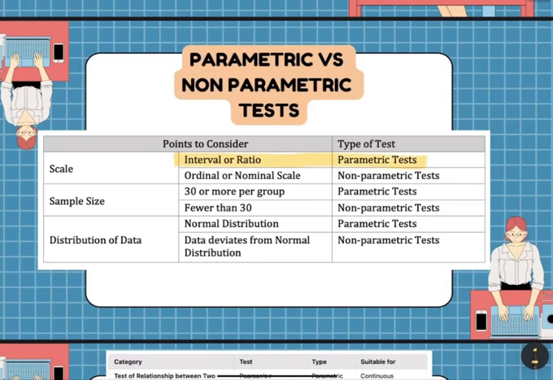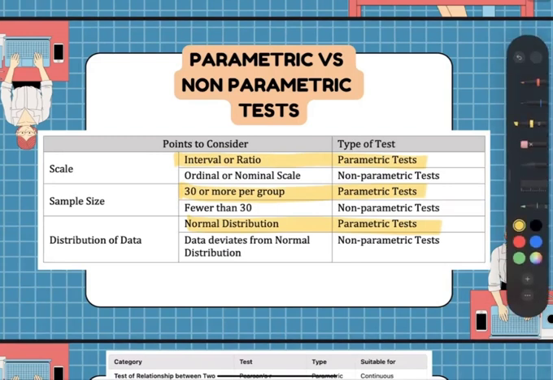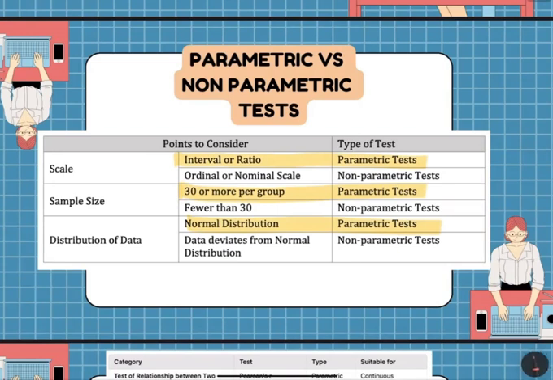So looking into the table, we'll be able to recognize the parametric tests, I'll just highlight the parametric tests here. Okay, how would we know if we will apply a parametric test? If your data is continuous, large sample, and normally distributed. Okay.